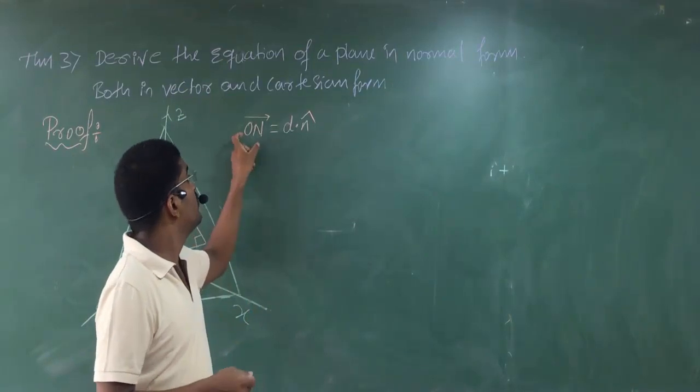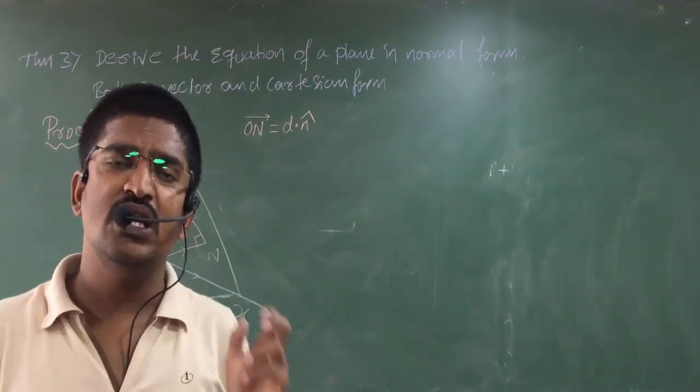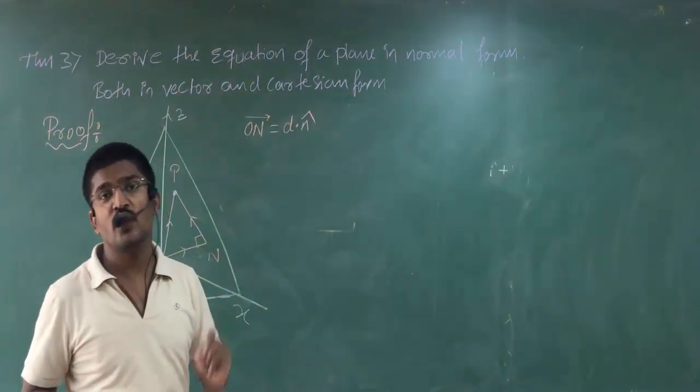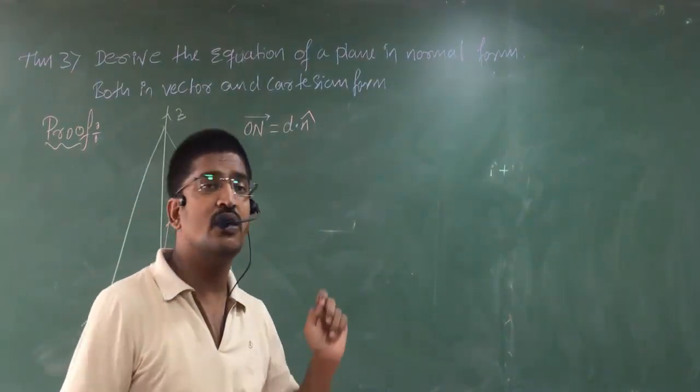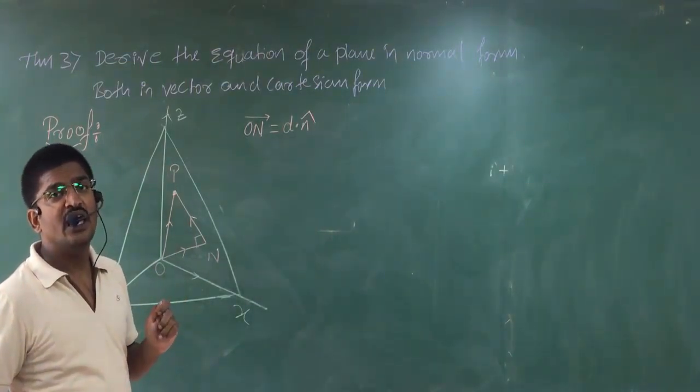Here the required vector is ON. So using that ON, that is normal vector to the plane, now let us find our equation.